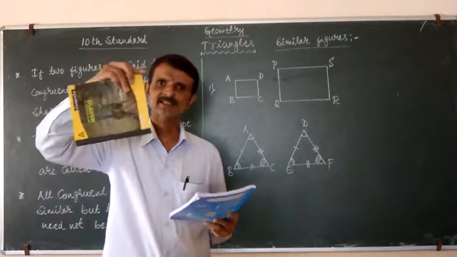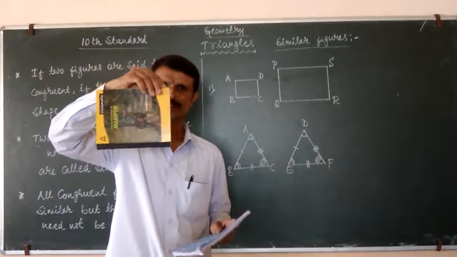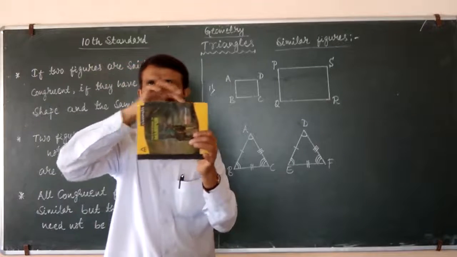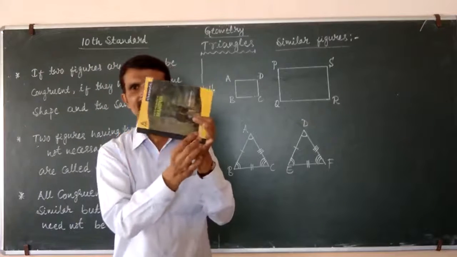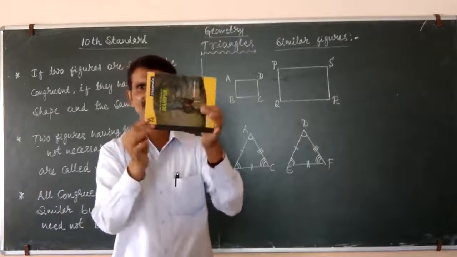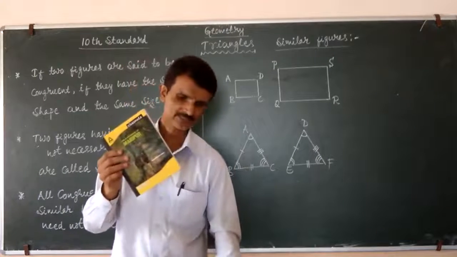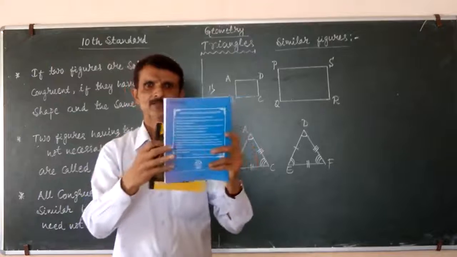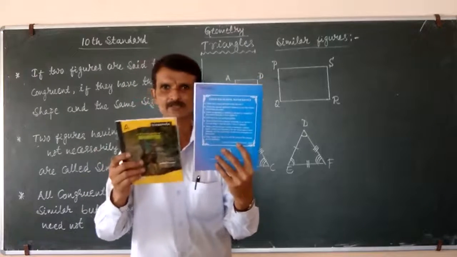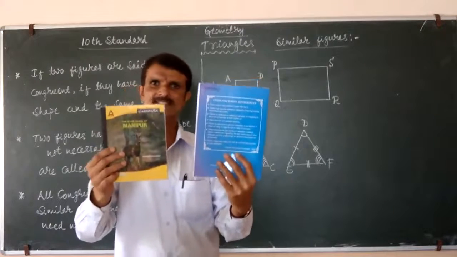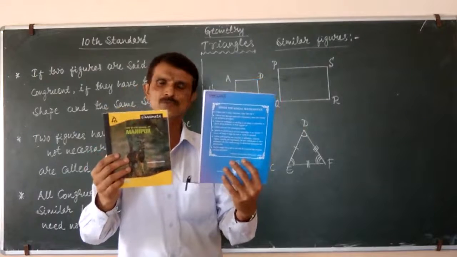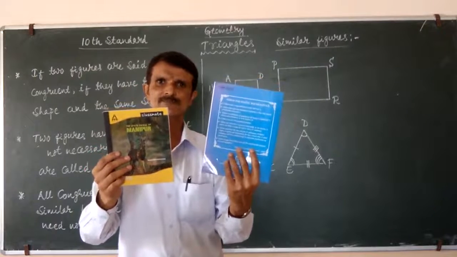So this is an exercise book of the rectangular shape. And observe this textbook. If you observe this textbook, is there any difference between these two books?